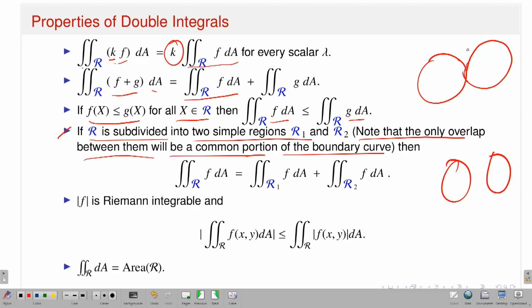Okay. So, suppose I have a full region and it is subdivided into two simple regions R1 and R2. This is the boundary curve, this is the boundary curve. Then what will happen? The double integral of f over R splits up into the integrals over R1 and R2, like in the Riemann integral in the single variable.